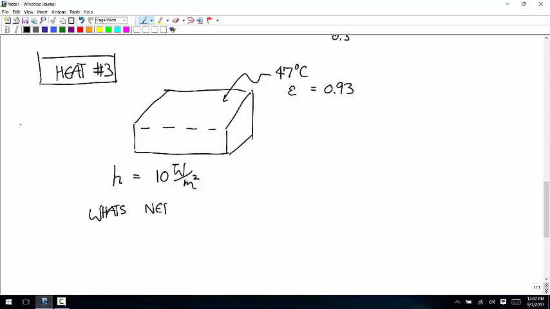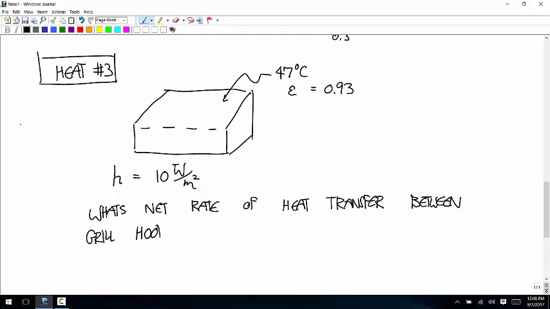What's the net rate of heat transfer between grill hood and the surroundings by convection and radiation?